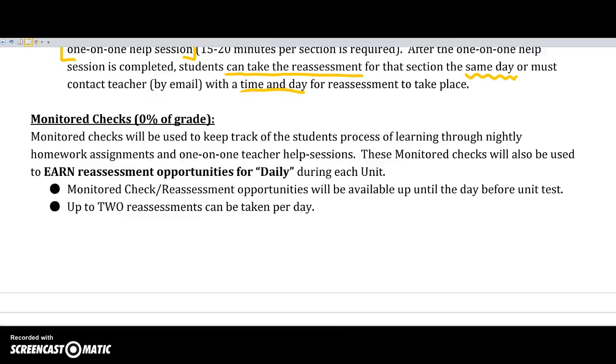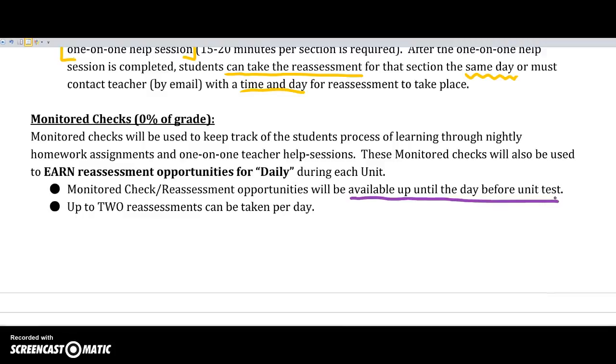So these monitored checks will also be used to earn those reassessment opportunities for dailies during each unit, which were talked through in video number 1. Monitored checks and reassessment opportunities will be available up until the day before the test.